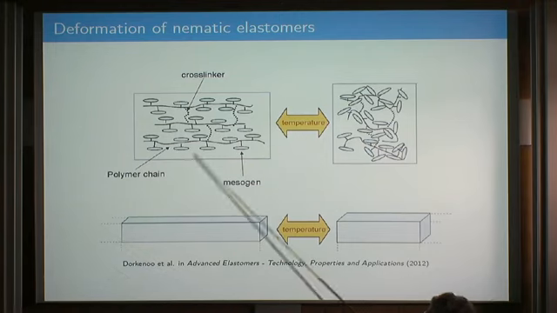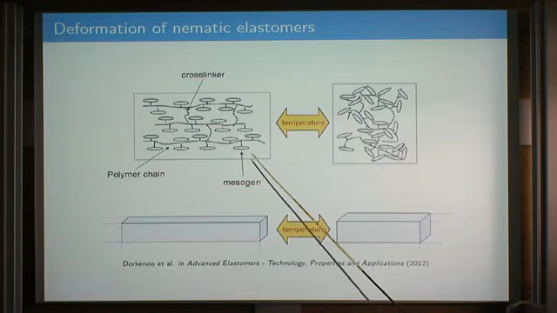This material is a soft material. The elastic modulus can be regulated by the degree of cross-linking of these polymer chains. And this offers really a lot of applications, about which I will talk very briefly, and it is now a very lively, very active area of research.